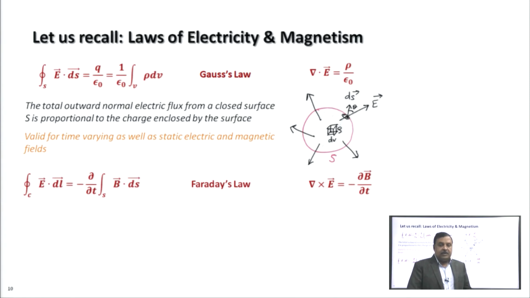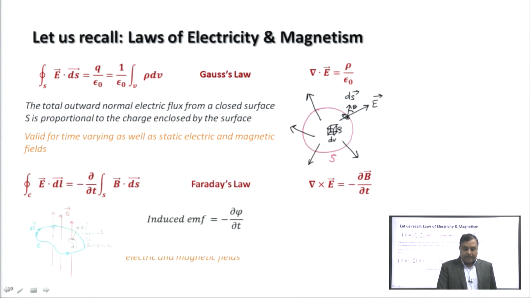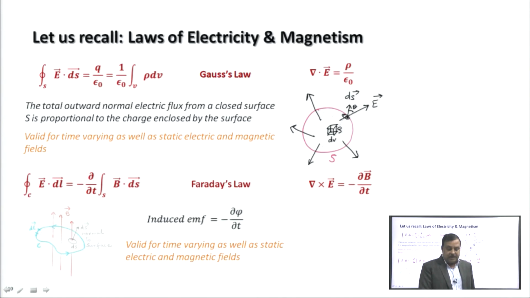So, this law is actually induced EMF equal to minus d phi by dt. In the differential form, this can be written as del cross E equal to minus delta B by delta t. This law is also valid for time varying as well as static electric and magnetic fields.